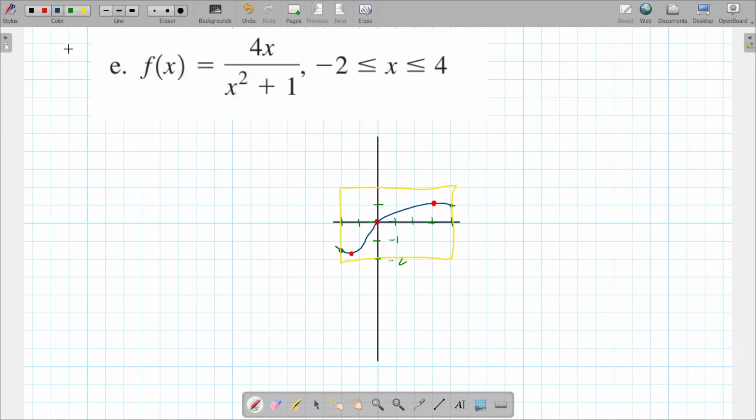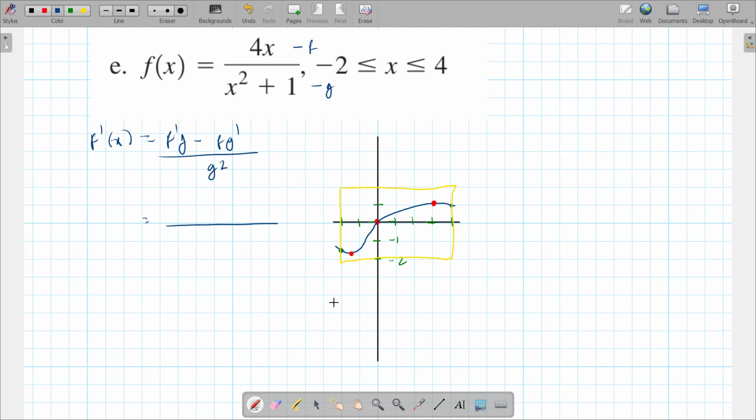You find when the slope is 0. So f prime of x. What's the derivative of this? You have to use the quotient rule. Remember the quotient rule? This is f, this is g: f prime g minus f g prime, all over g squared.